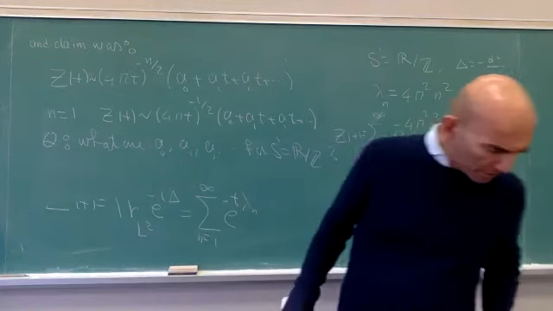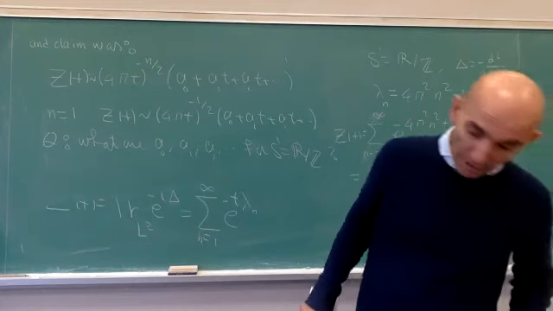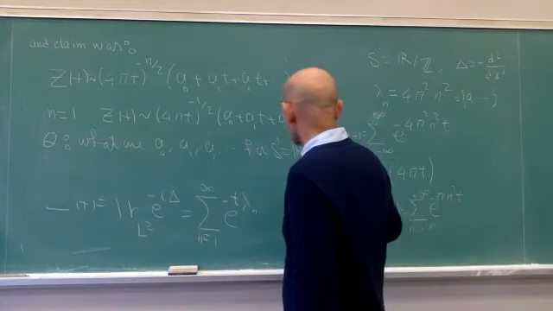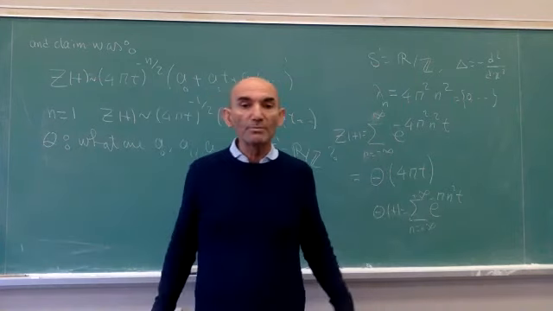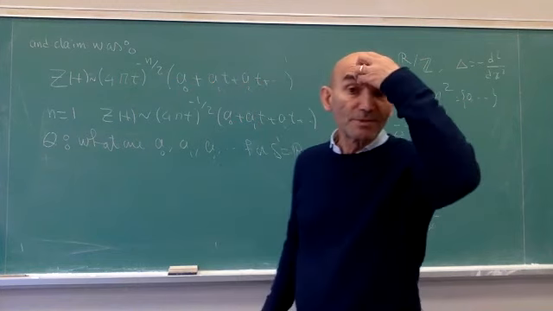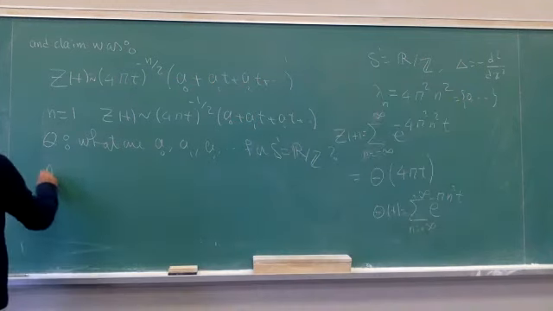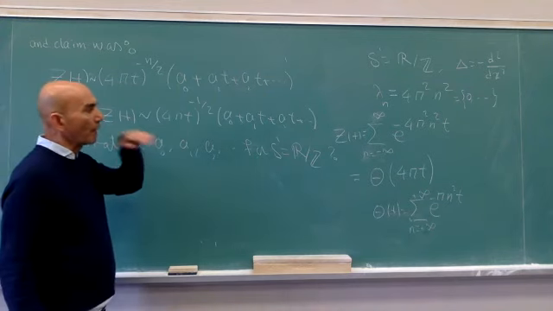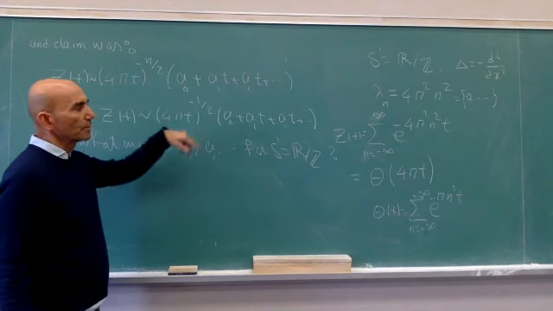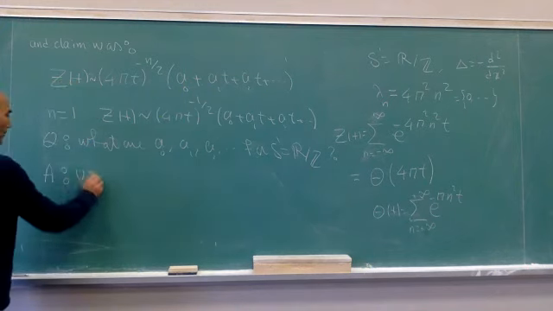So the question is, what are those coefficients? That's where this trace formula comes to the rescue. The trace formula solves this problem. I know how to do it without the trace formula also, but let me just do it using the trace formula.